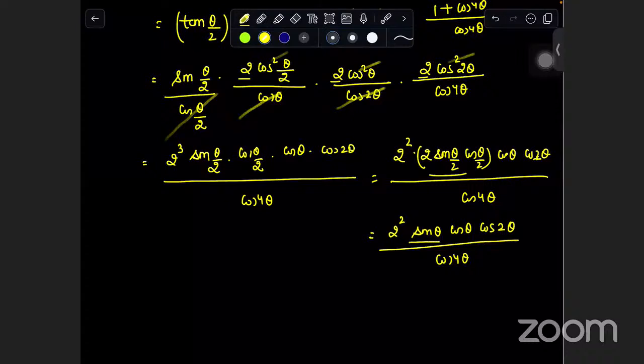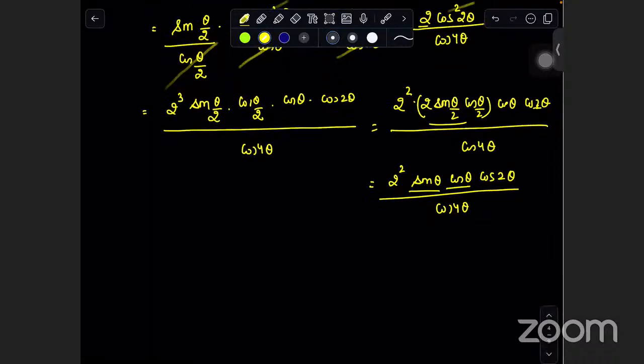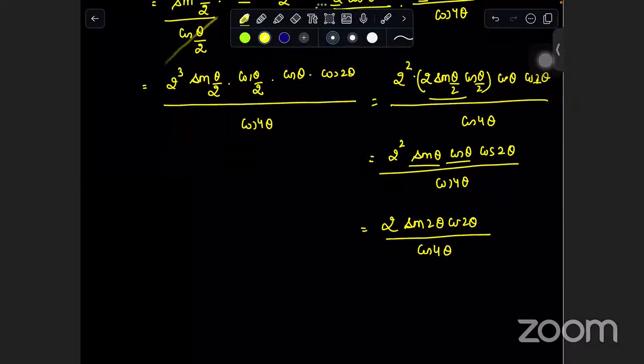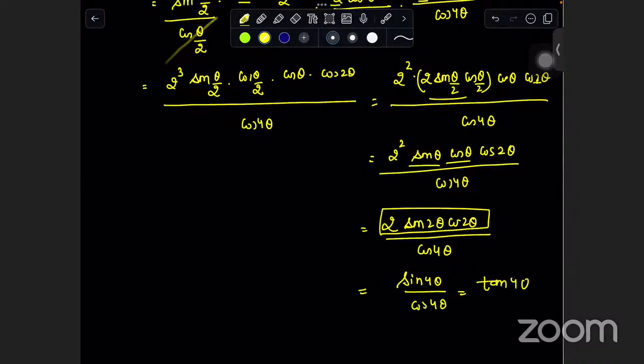Now this sin theta cos theta into 2 will again become sin 2 theta, into cos 2 theta upon cos 4 theta. Now this 2 sin 2 theta cos 2 theta will become sin 4 theta upon cos 4 theta. Your answer will be tan 4 theta.